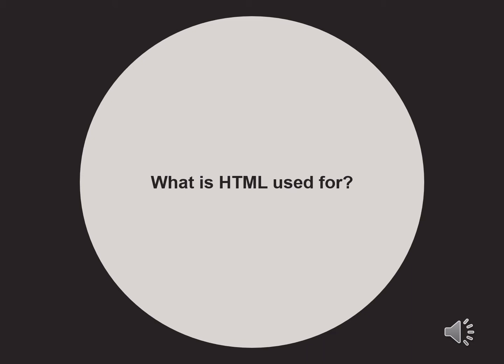HTML is a hypertext markup language, so it represents hypertext. That means it's not only what we understand as text. It can be anything, maybe an image, a video, anything. So it's like hypertext. So, markup language.